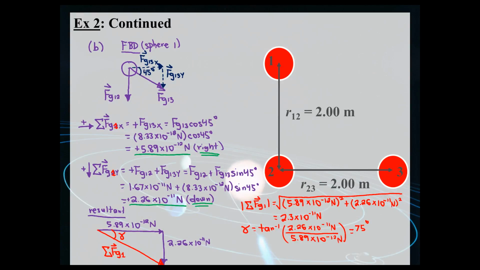Let's put this together now. We can say the net gravitational force on 1 would then be equal to 2.3 times 10 to the negative 11 newtons at 75 degrees south of east.